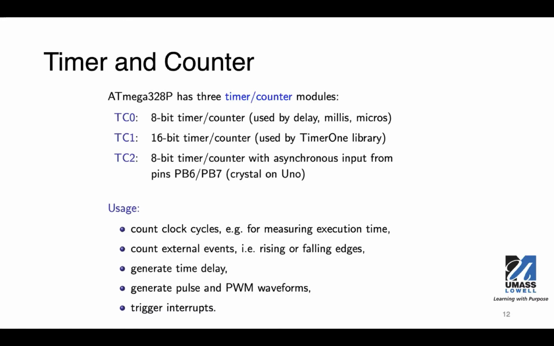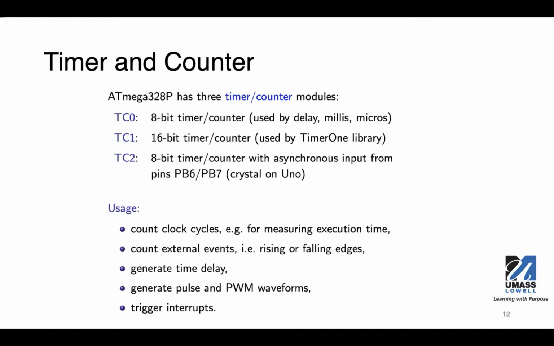In this case, this Atmega 328P has 3 timer and counter modules, T0, T1, T2, or TC0, TC1, TC2. Those are hardware counter modules, and they have slightly different functions, as you can see here. You can use them in different ways.